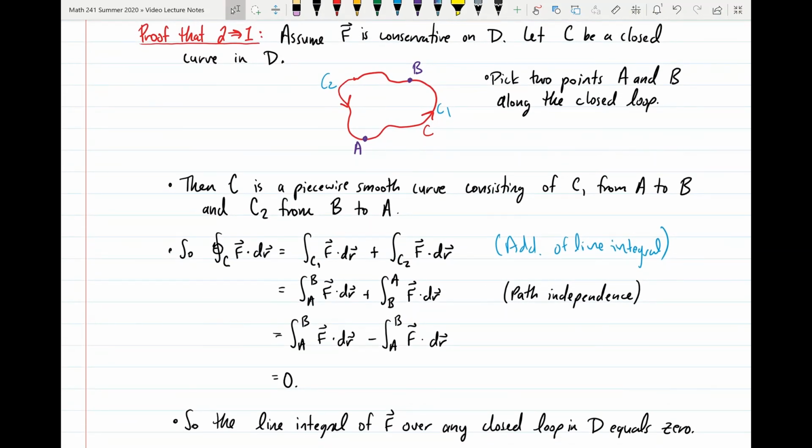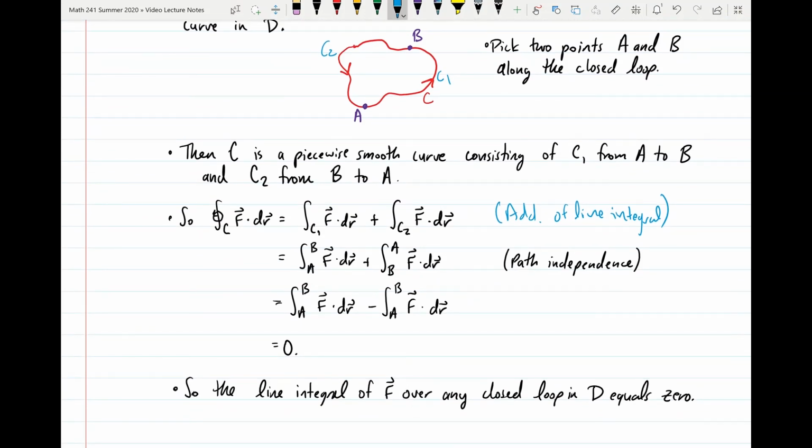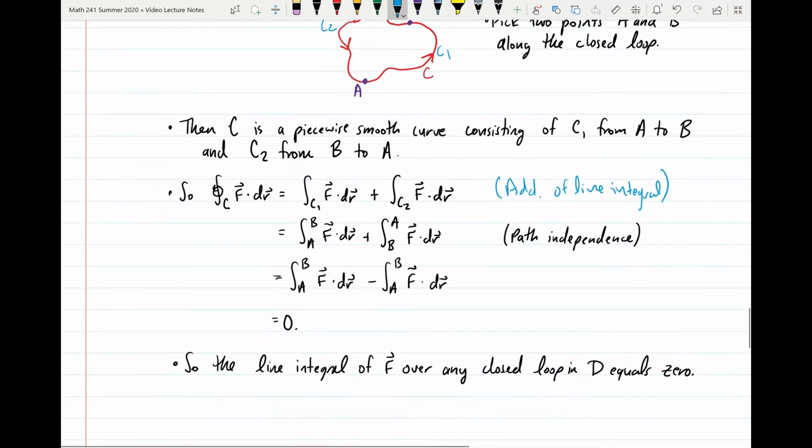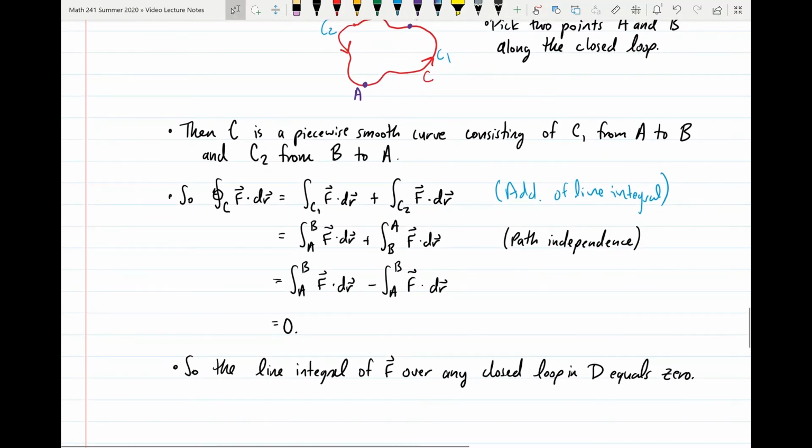But because the vector field f is conservative, we can write this integral of f over C sub 1 as the integral from A to B, because we have path independence. And the integral of f over C sub 2 we can write as the integral from B to A, again because we have path independence for both C sub 1 and C sub 2 here, because f is conservative.